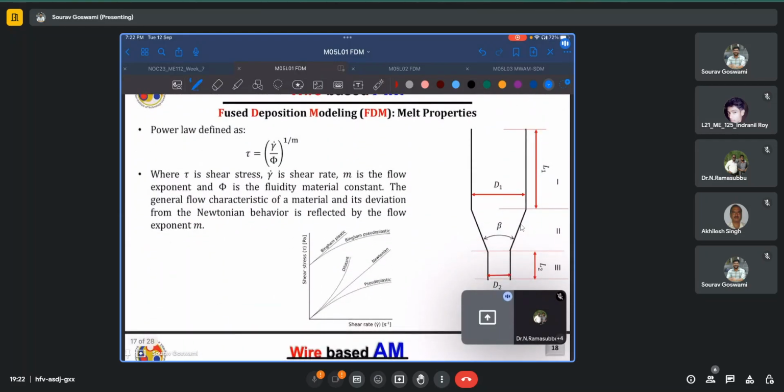These are the relevant characteristic curves of different types of fluids. So pseudoplastics, the Newtonian, which has a linear relationship between the shear stress and shear rate, dilatant, and Bingham plastic and Bingham pseudoplastics. All of this we have studied in some basic fluid mechanics courses.